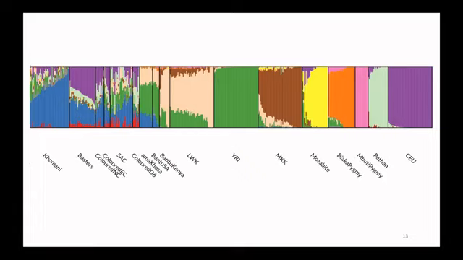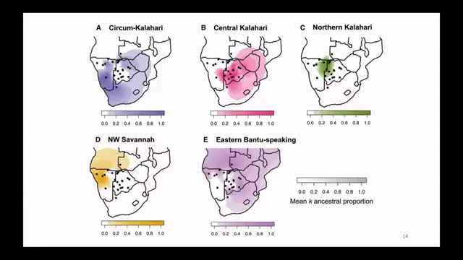In this admixture plot, you also have the COSI, the Bantu-speaking South African population, as well as other African populations here. So one of the conclusions from this analysis, if you plot the genetic diversity or ancestral proportion based on geographical location, you can see some very interesting patterns coming out.